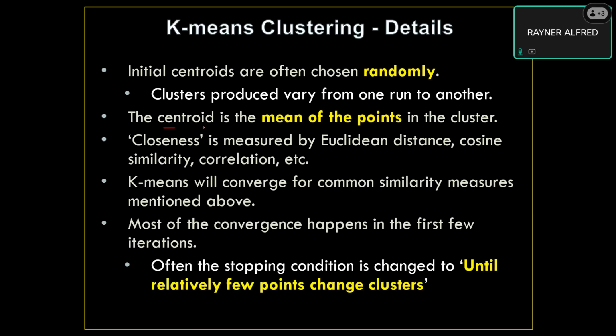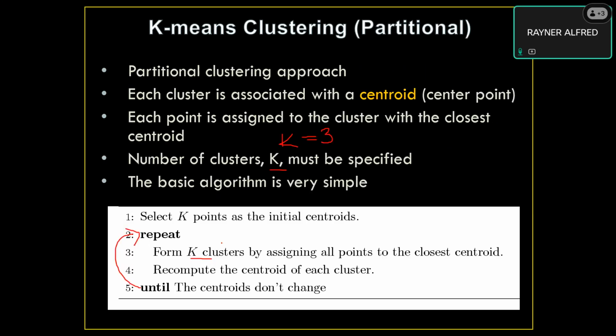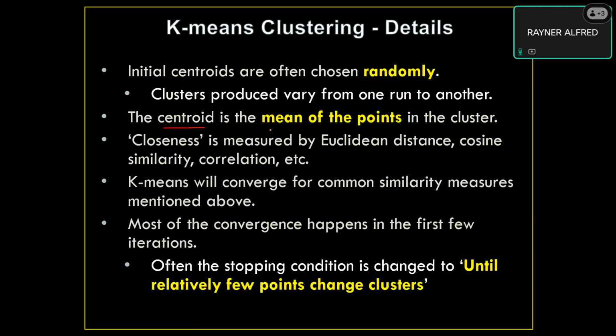The centroid, when we recompute them here, is basically the mean of the points in the cluster. That means we will take the average of all the vector values that we have and consider that as your centroid. From that, we will measure the distance again for the rest of the dataset to the centroid of your cluster.